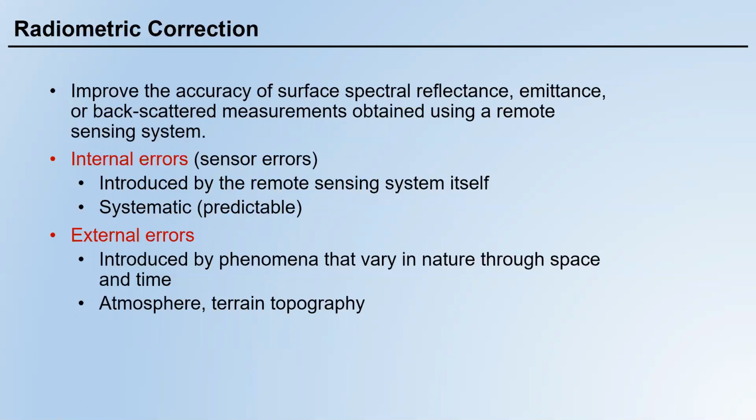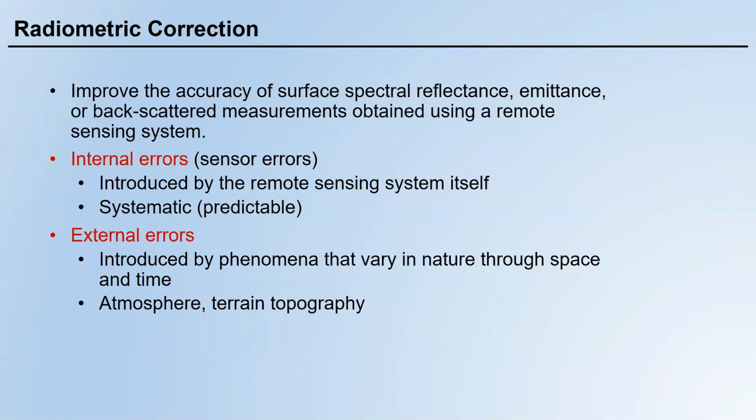Those errors could lead to errors in images collected by this sensor. This type of error is also called a systematic error, and it's predictable.